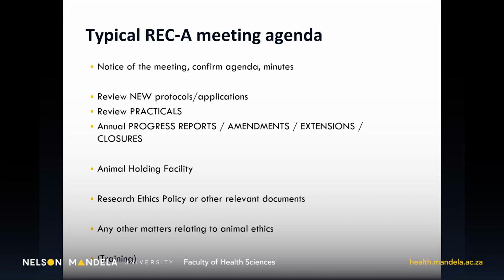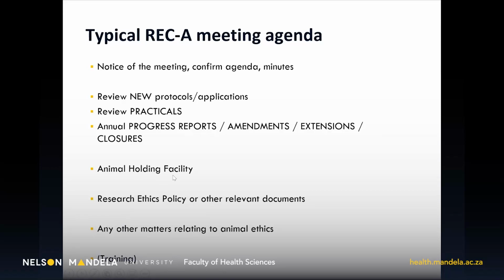If there's a fish tank in one of the departments in zoology or in our building number 12, and there's experimentation or it's used in practicals, then animal ethics clearance is needed for that. We also look at annual progress reports, amendments to proposals, extensions of studies, and also study closure.